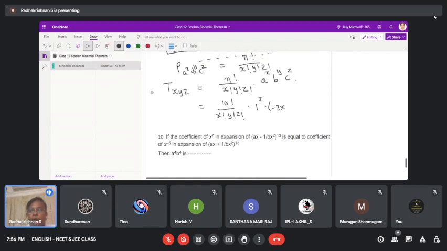I want to write it slightly differently. Here x with x will be confusing.